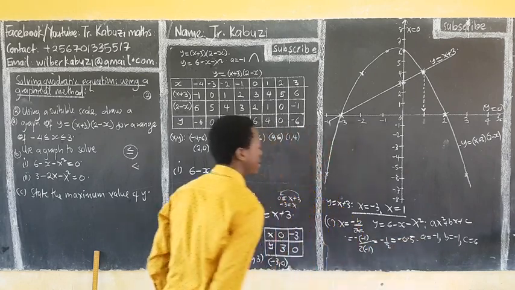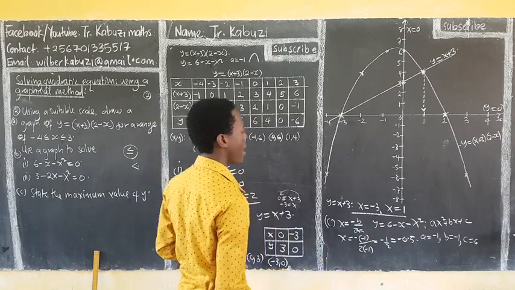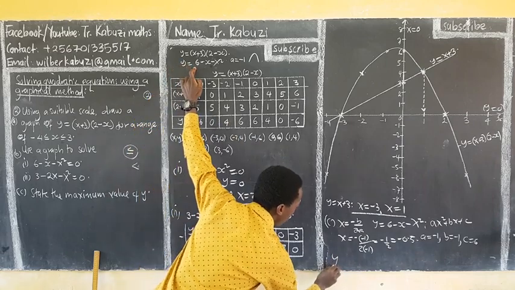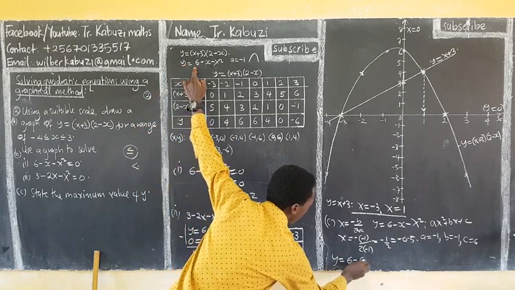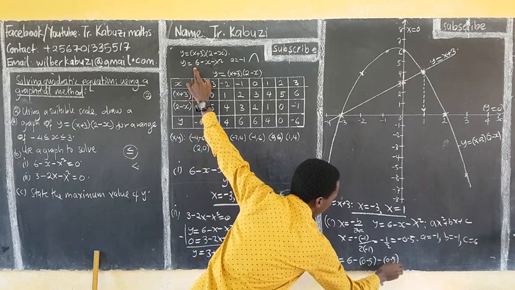So this value of x is going to give me the value of y. So now what will be my y? To get your y, you come and substitute here. So now my y is going to be 6 minus 0.5, then minus 0.5 the whole square.